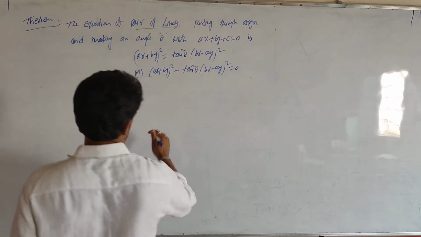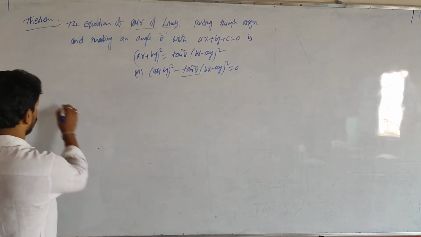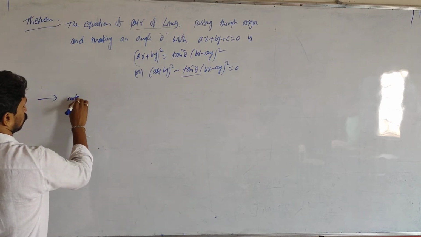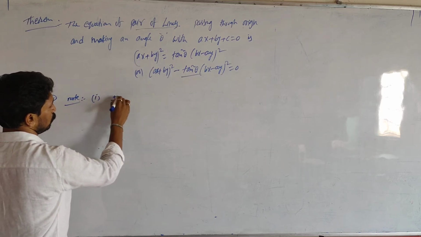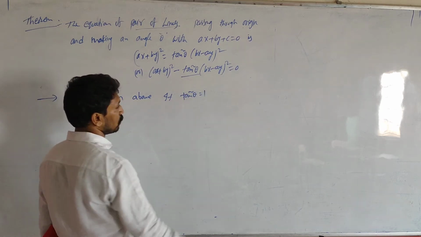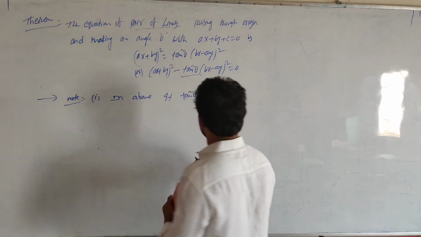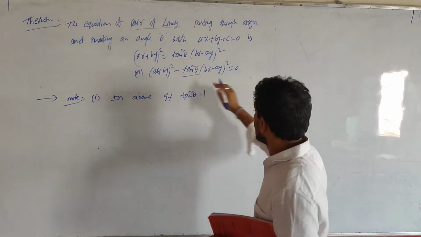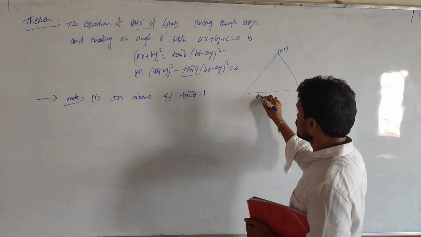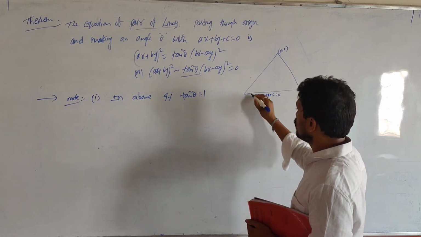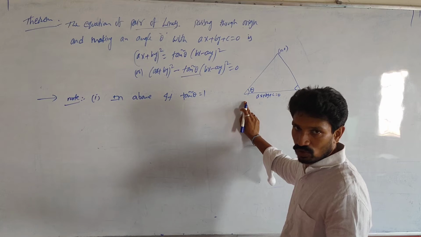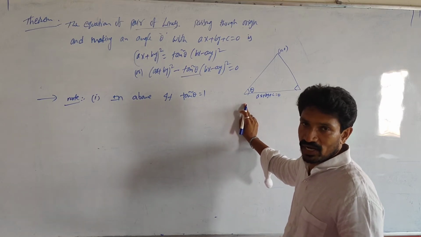In this, first point, if tan square theta is equal to 1, what can you say? It is a pair of straight lines passing through the origin, ax plus by plus c is equal to 0. If tan square theta is equal to 1, then tan theta is equal to 1, taking positive.